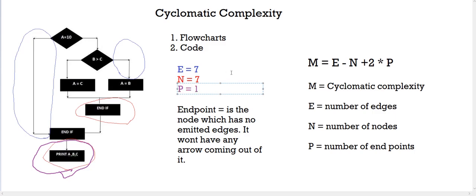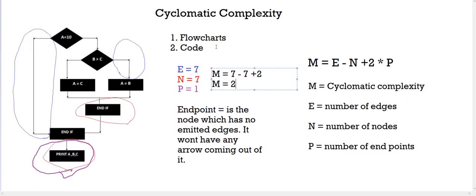Now we can calculate our value for M. M is equal to 7 minus 7 plus 2 into P, which is 2 into 1. Therefore, M is equal to 2. And that's our value for cyclomatic complexity from this flowchart.